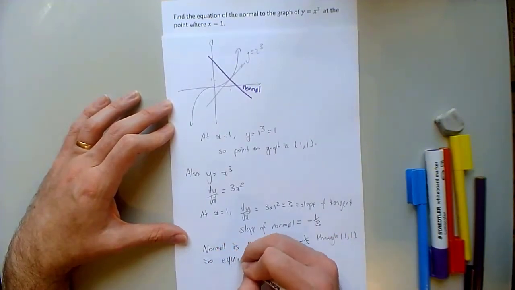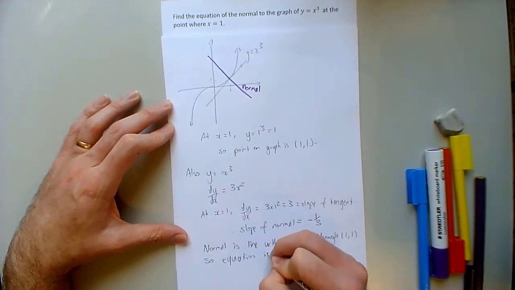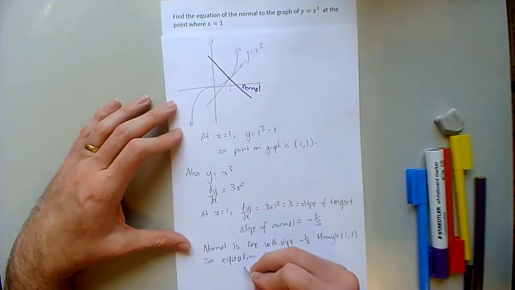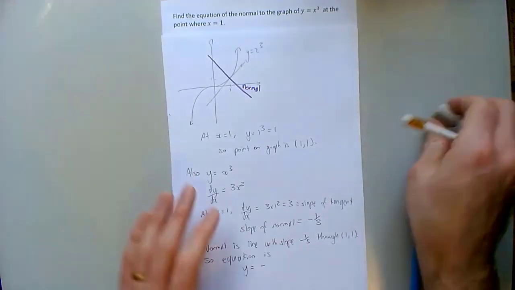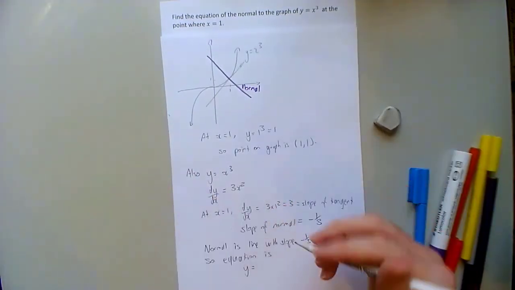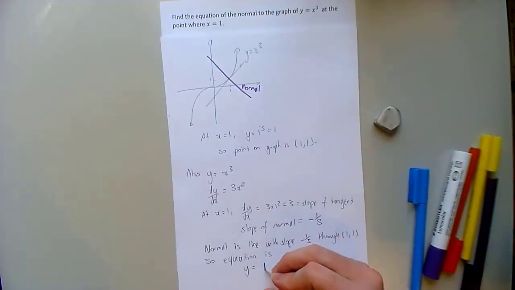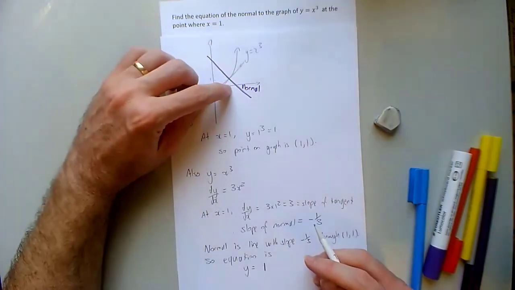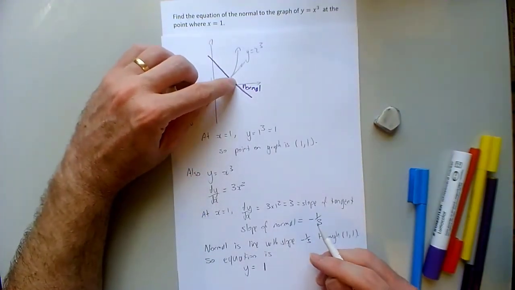So the equation is y equals, okay, let's just think this through. It starts at the point 1, 1, and then for every distance away from 1 you go, it goes down 1/3.